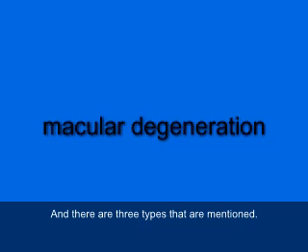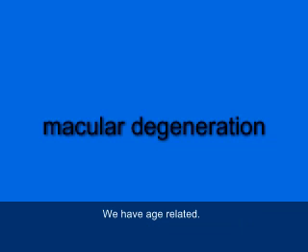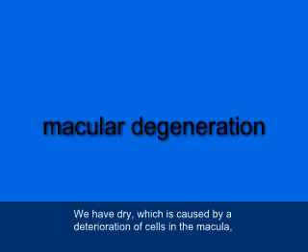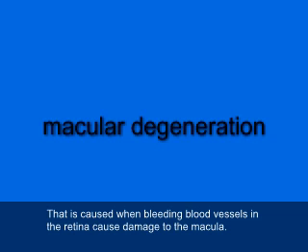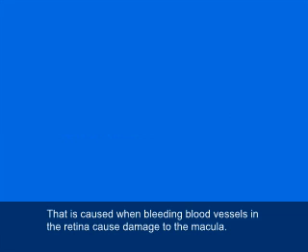And there are 3 types that are mentioned. We have age-related. We have dry, which is caused by a deterioration of the cells in the macula. And then we have wet macular degeneration, caused when bleeding blood vessels in the retina cause damage to the macula.